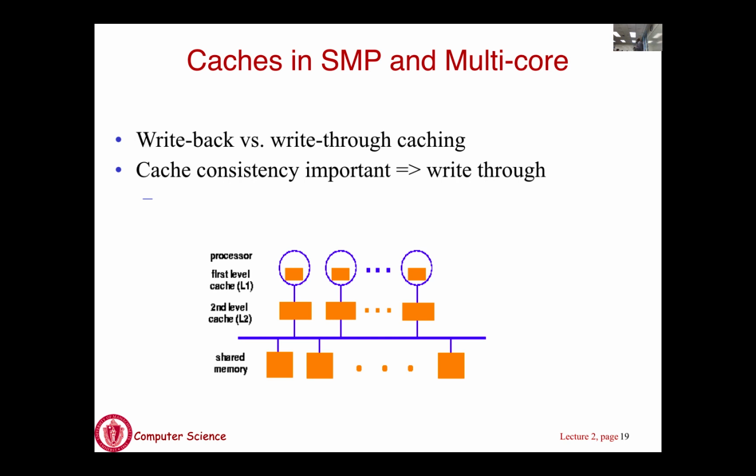So, it is always a trade-off which one you use. At a hardware level, you essentially do the safe thing, but at a software level, when you do file systems and many other things, you as an OS designer get to decide whether your caching is going to be write back or write through.